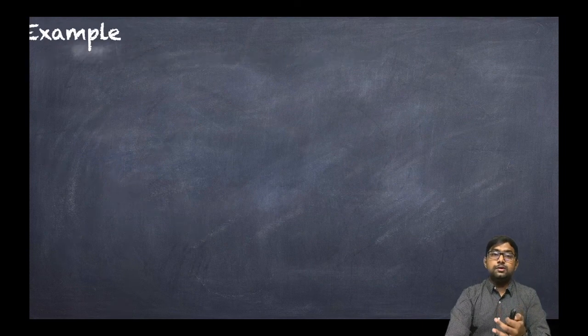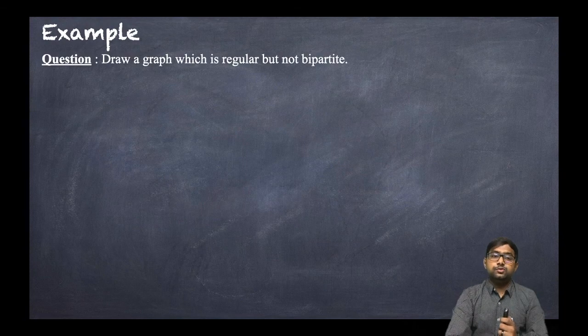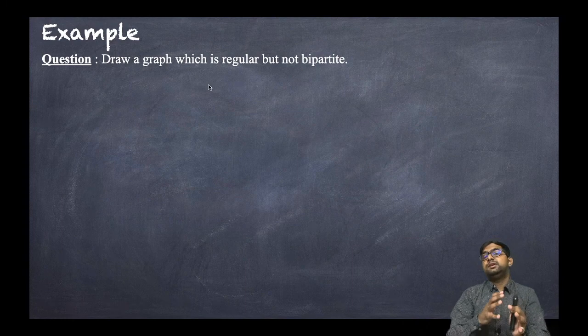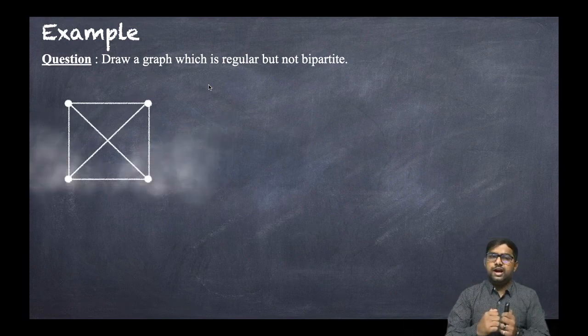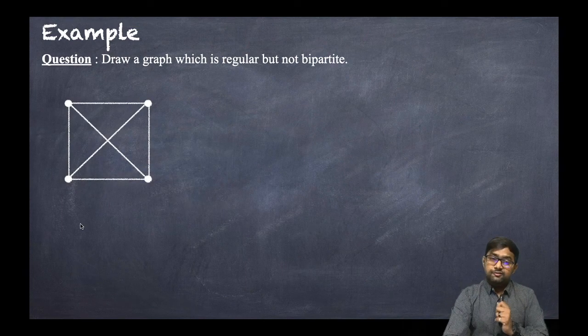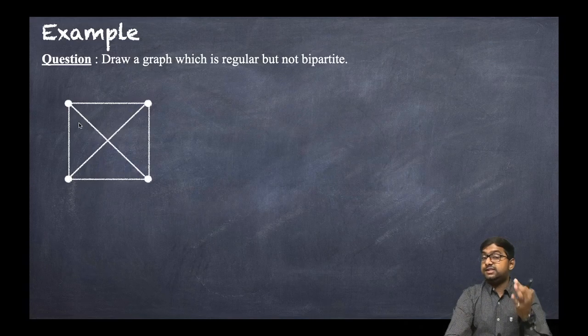Fine. So let us discuss another example. The question is, draw a graph which is regular but not bipartite. Regular means each and every vertex has the same degree, but not bipartite. So what will be the graph? This will be the graph. You can see that the degree of each and every vertex is 3, but it is not bipartite.